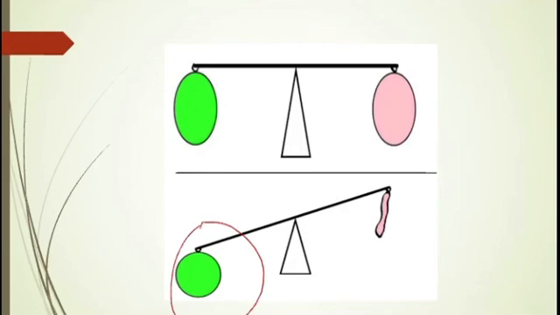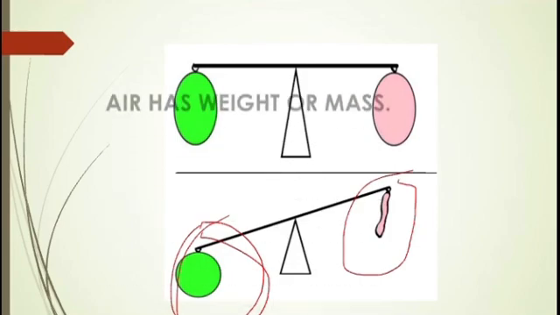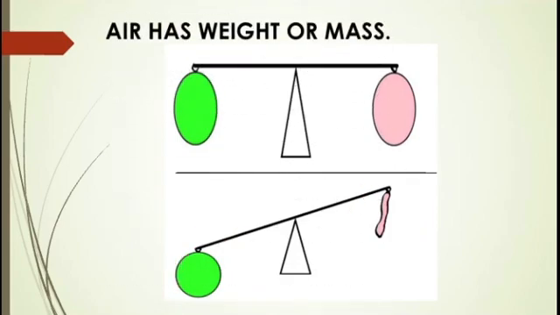Why is it so? Because the air in this one is no more inside the balloon. The air has come out. And here the air is still inside the balloon. So here we say that air has weight or mass.